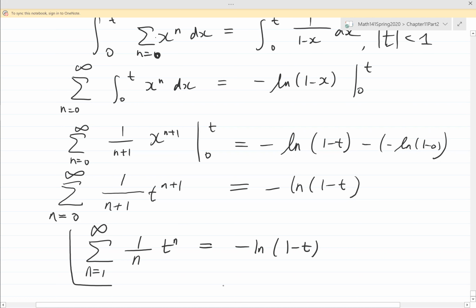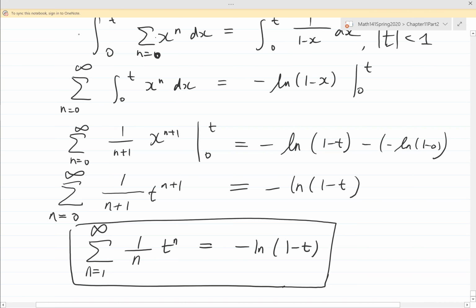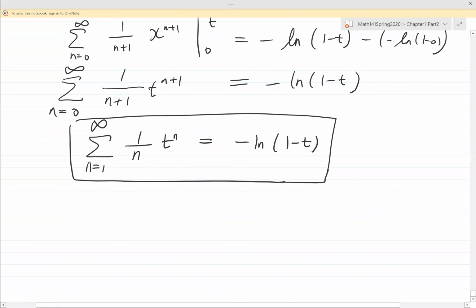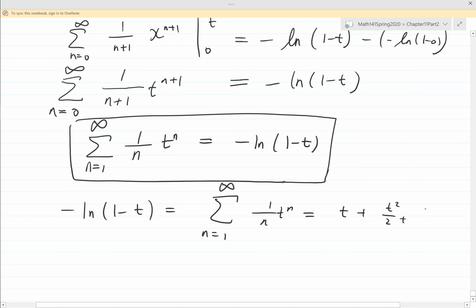So we get a power series representation of ln. This is really important. If you write down several terms, it's t plus t squared over 2 plus t cubed over 3, etc.